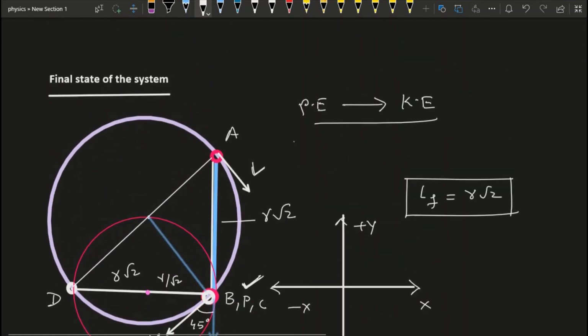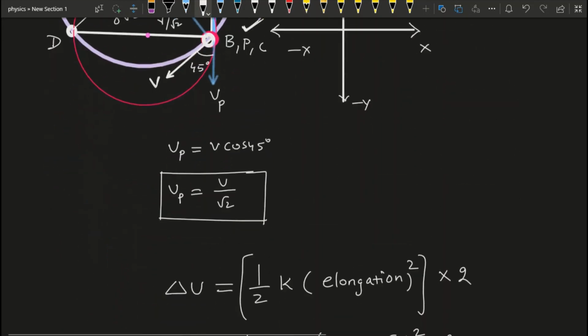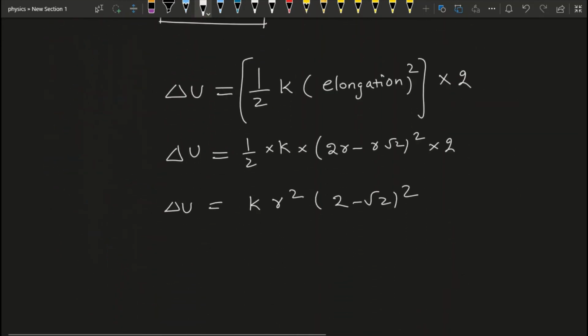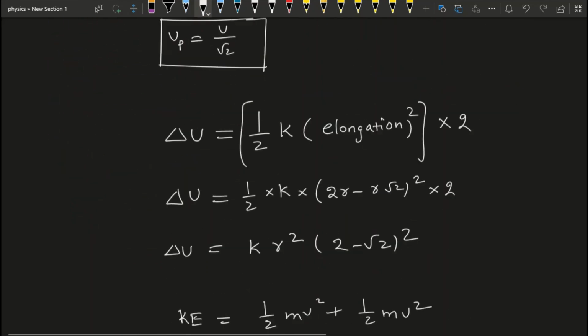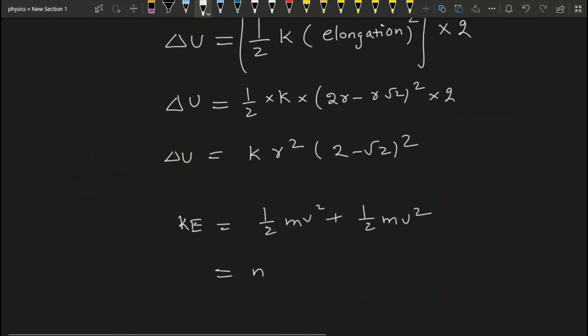And in the final state, the chords are relaxed. So the total potential energy of the system is completely converted into kinetic energy of the system. I am using the kinetic energy expression. The kinetic energy of the system can be written as half mv square plus half mv square, because two beads are there and they have equal speeds, so we can simply write mv square.